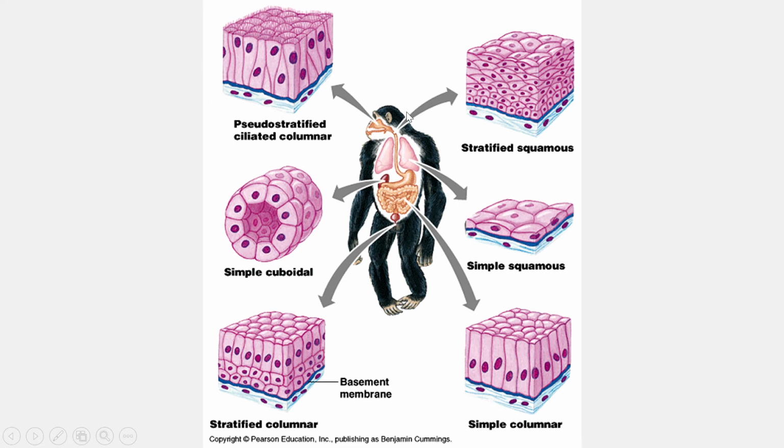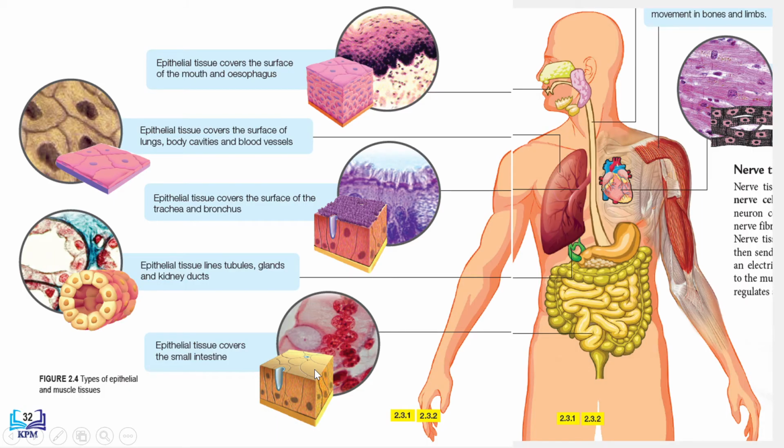Okay, here are various types of epithelial cells that is shown at different places with different structure that can be seen. Okay, this epithelial tissue covers the surface of the mouth and the esophagus.